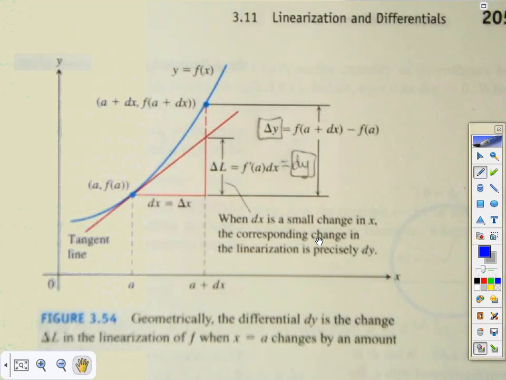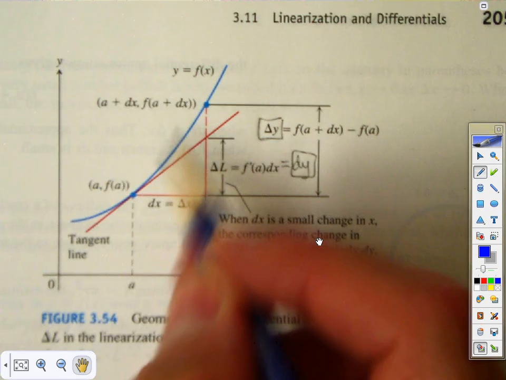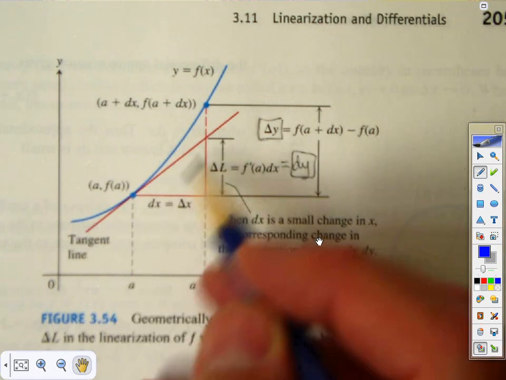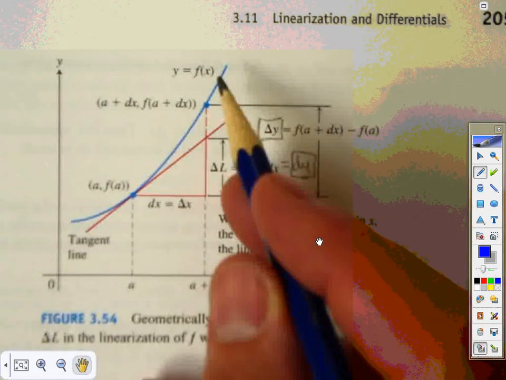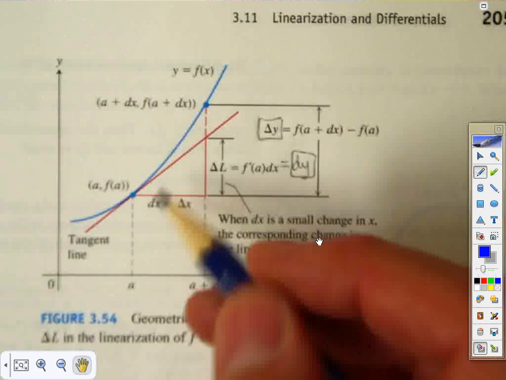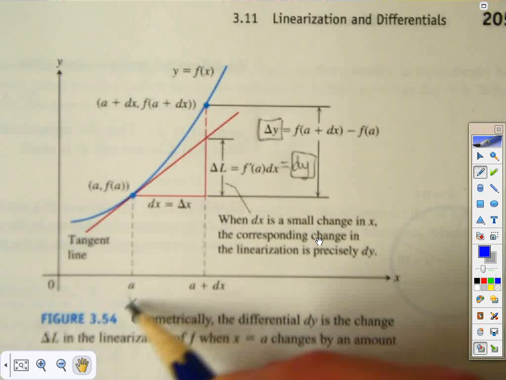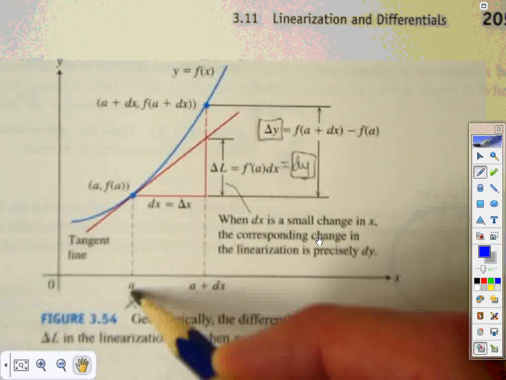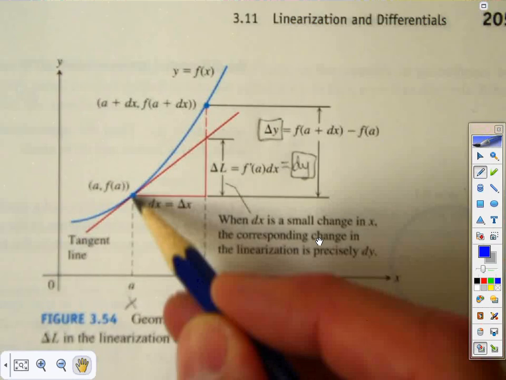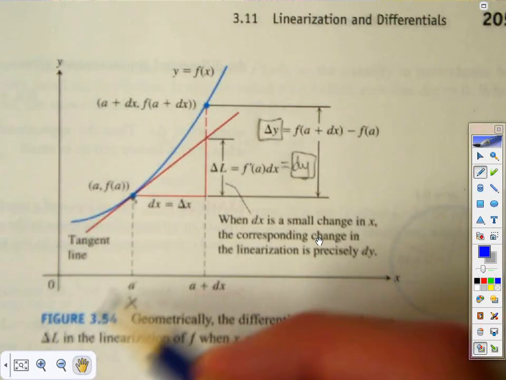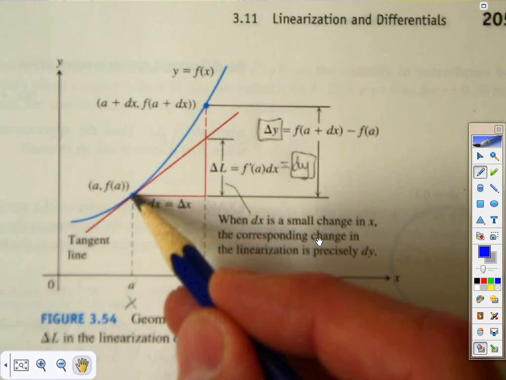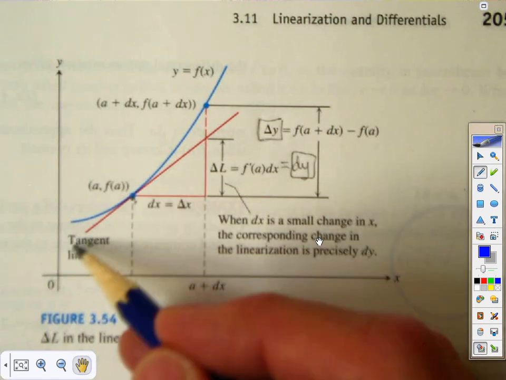Graph of our function in blue, y equals f of x. Here is a certain x value. I'm going to call that x and put it right underneath A in the book. x equals 1 from the last example. About 1 unit over the tangent line.